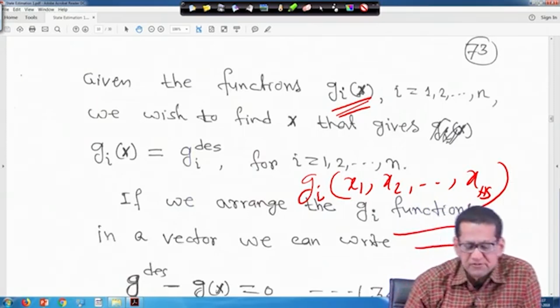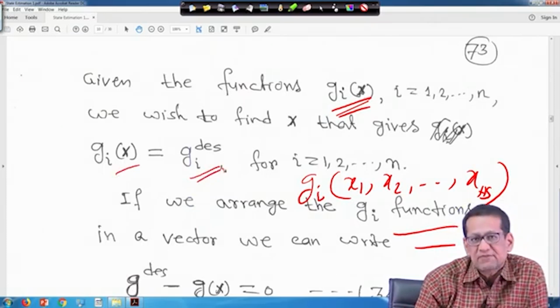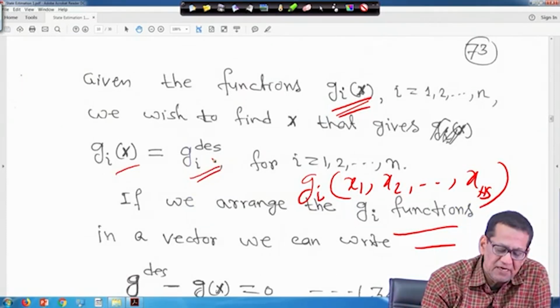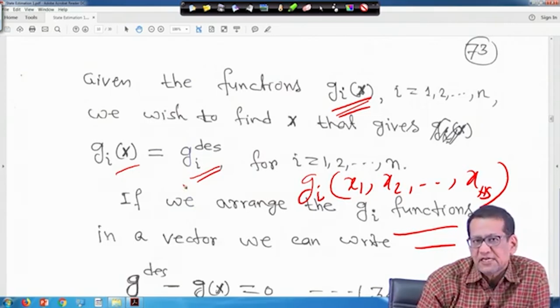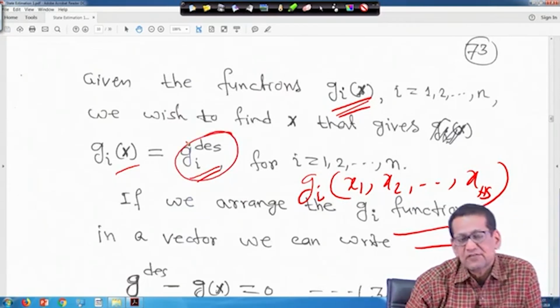We wish to find x that gives g_i(x) equal to the desired value g_i desired. That means when the solution converges, we obtain the values x1, x2 and so on, such that we get whatever desired value we want.